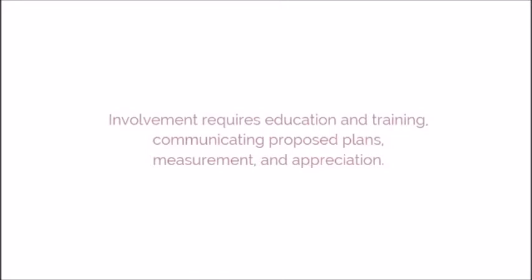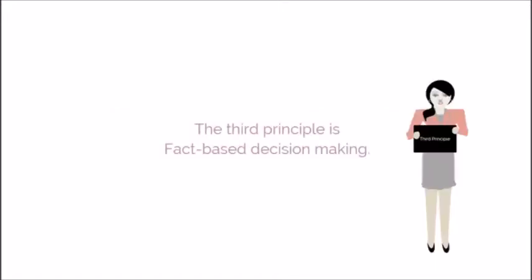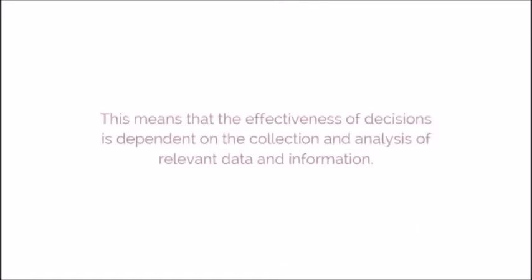This involvement requires education and training, communicating proposed plans, measurement, and appreciation. The third principle is fact-based decision-making. This means that the effectiveness of decisions is dependent on the collection and analysis of relevant data and information.